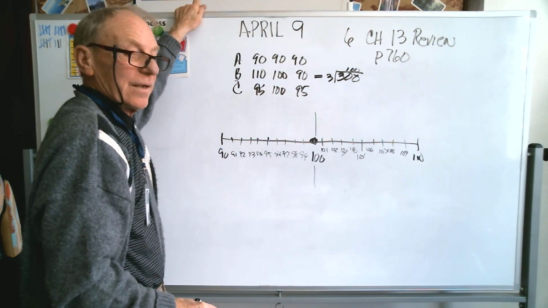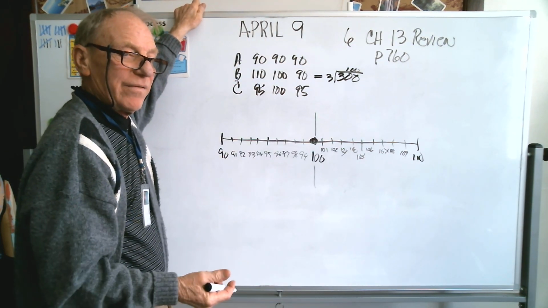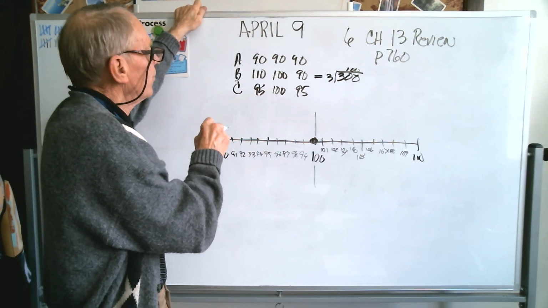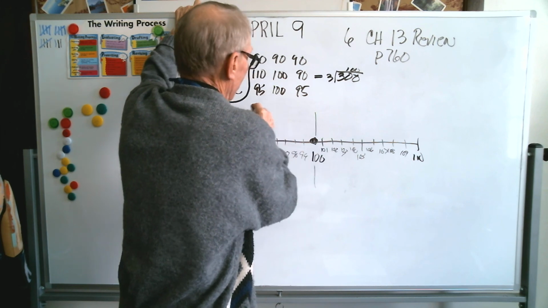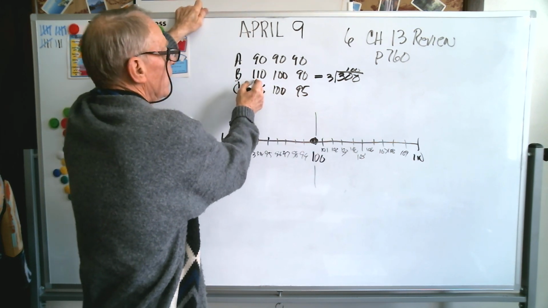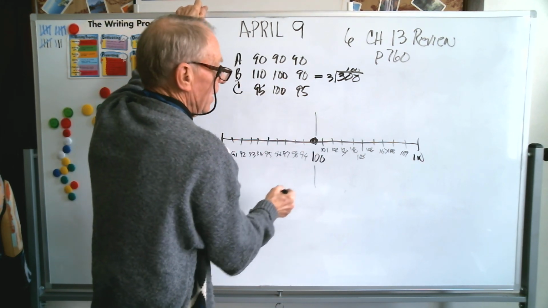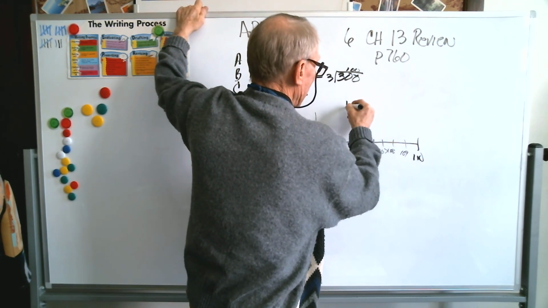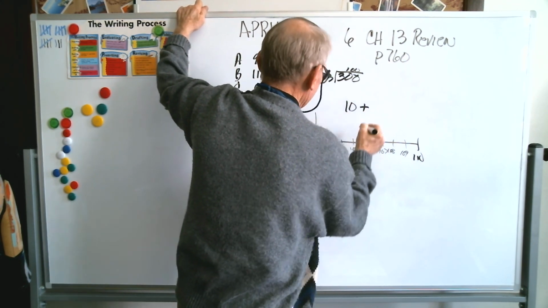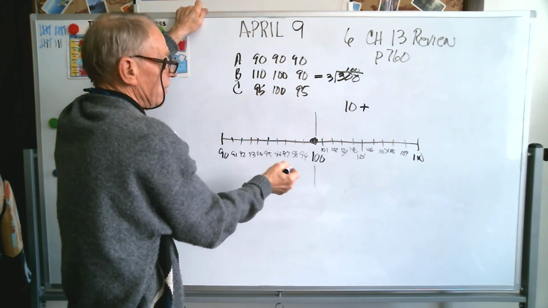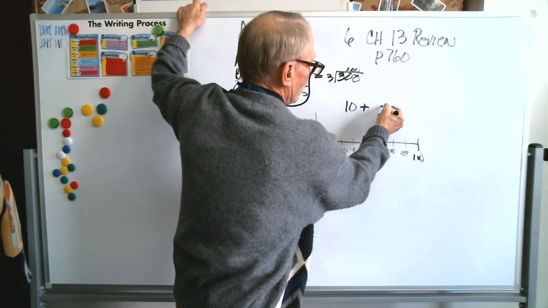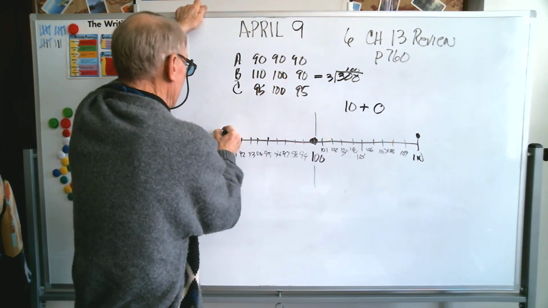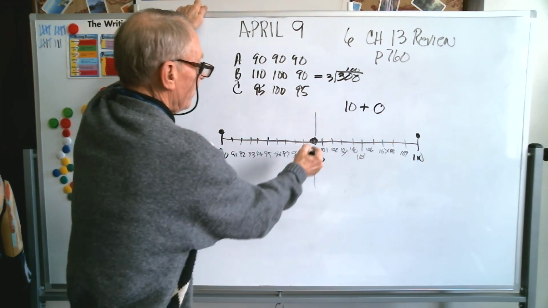So now we got to figure out what the deviation is. The mean deviation. So our first number is 110. And so from here to 110 is 10. So we got 10. The next number is 100, and it's right there. Don't forget it. We got points here.